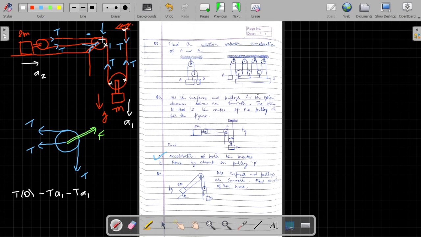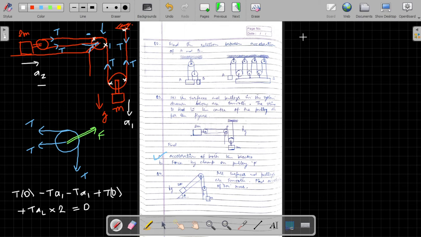Obviously this central pulley is not moving, so the points of contact are not moving at all, and there would be no use in writing tension into velocity. Still we can write tension T into 0 to represent that we have considered this pulley also. Let's say block number 2 is moving to the right with the acceleration which we have already decided, so we write tension T into a2, and that would be multiplied by 2, and the sum of all the instantaneous power should be 0.